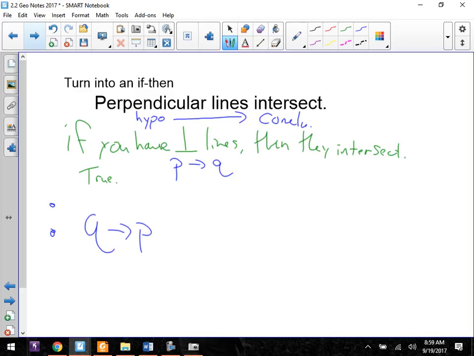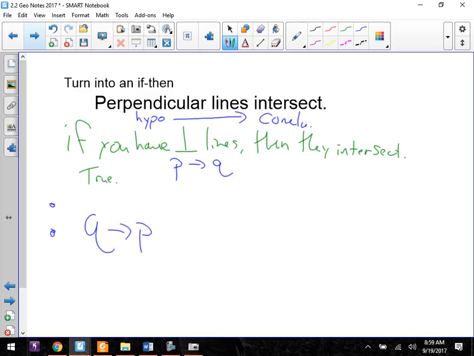We're going to take the conditional statement, if you have perpendicular lines, then they intersect, and flip-flop it to say conclusion, then hypothesis. What do you got? Instead of would be, then they are. Yeah, exactly.